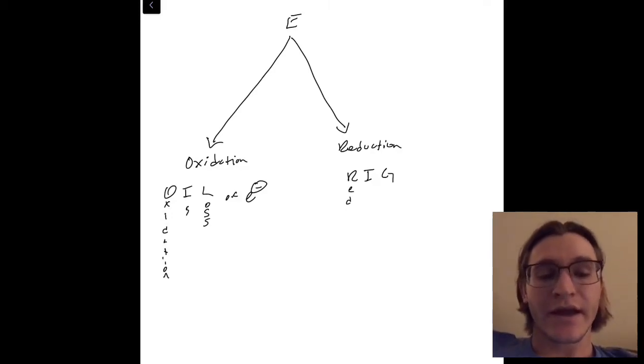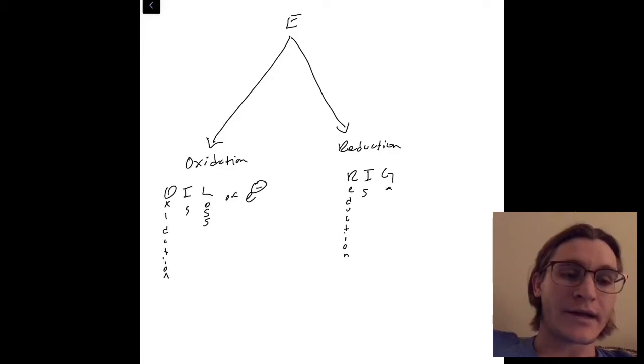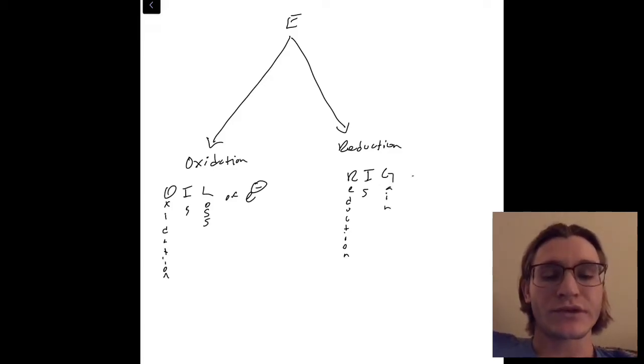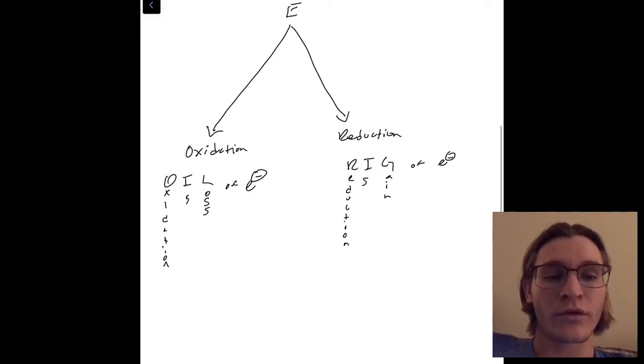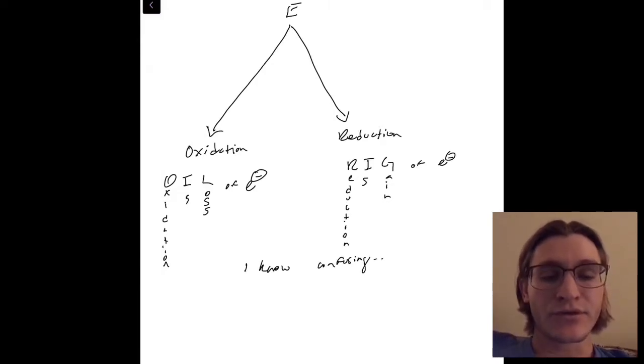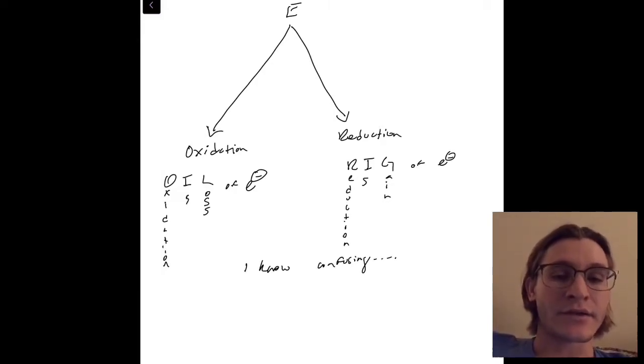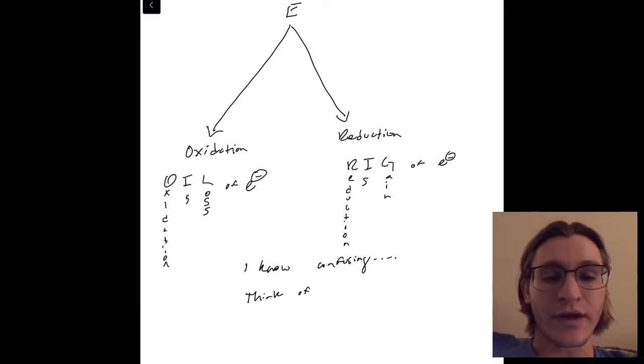An electron carries a negative charge, so if you're gaining a negative, you're being reduced. That's the best way to remember this. Oxidizing is a loss of electrons, so it's getting more positive. Reduction is the gain of electrons, so it's going to get more negative.